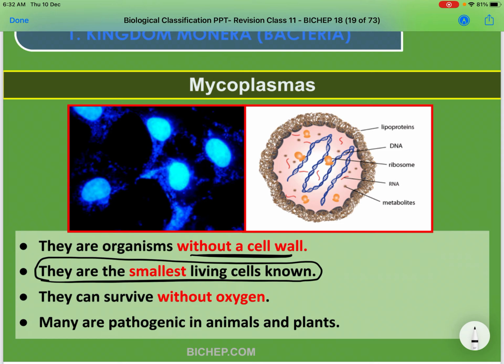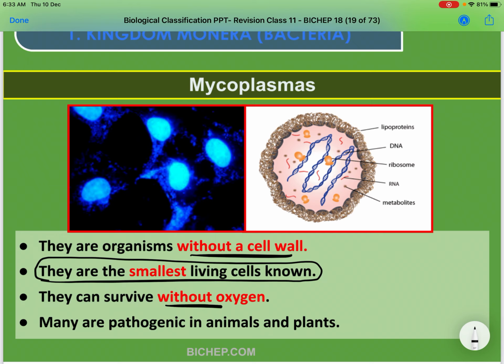Sorry, not cell, cell wall. The general characteristic feature of bacteria is that they contain a cell wall, ready? But they have lost the cell wall over the course of time. So they are specially adapted, without a cell wall, and are the smallest living organisms found on earth.